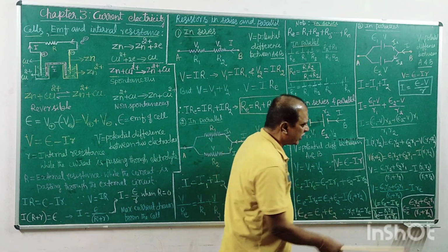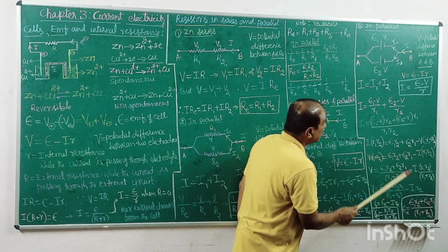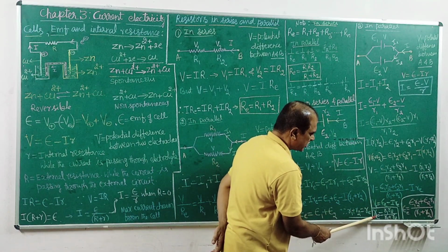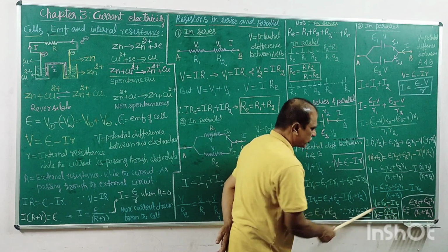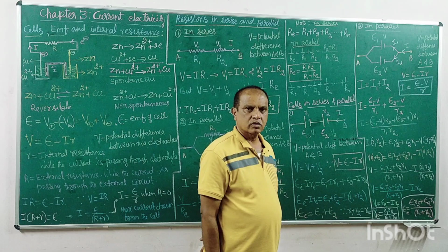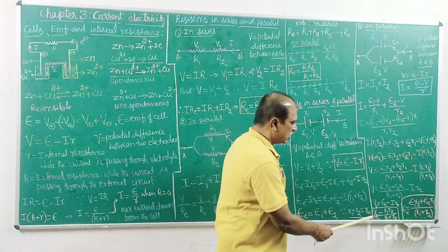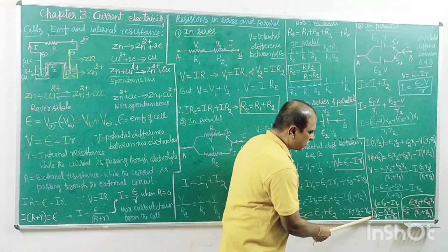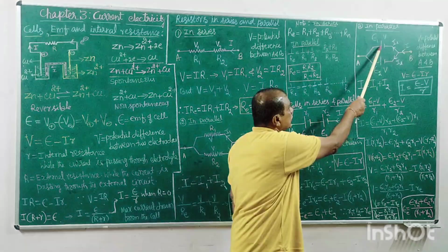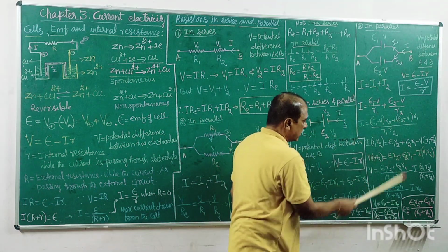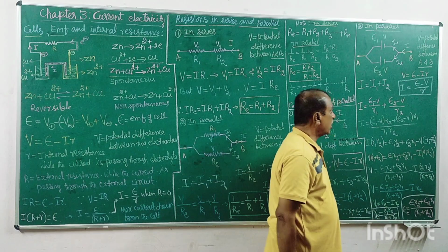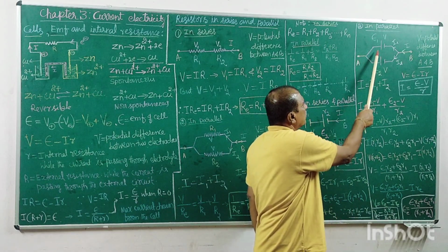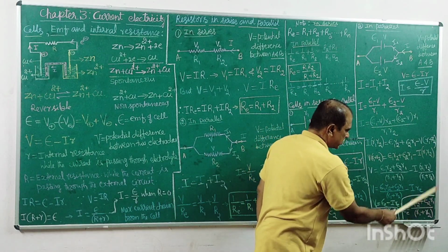And as you know, the effective internal resistance for this parallel fashion is R equal to R1 R2 divided by R1 plus R2. So the effective internal resistance of these two cells in parallel is this, and the effective EMF of these two cells in parallel is this final equation.